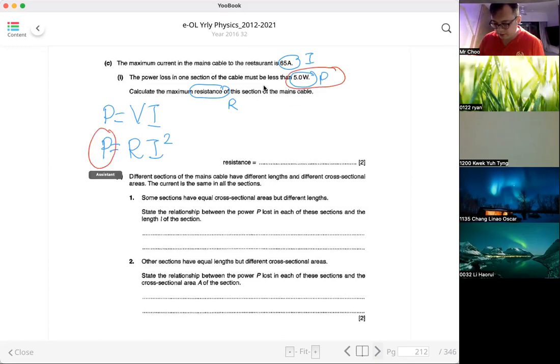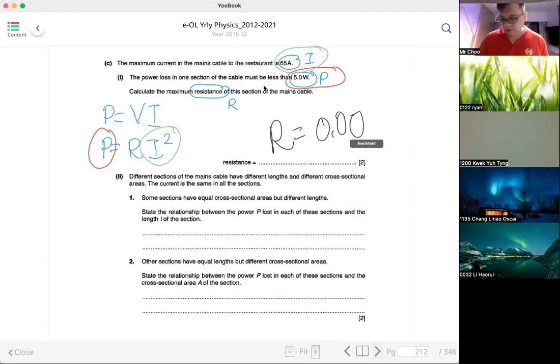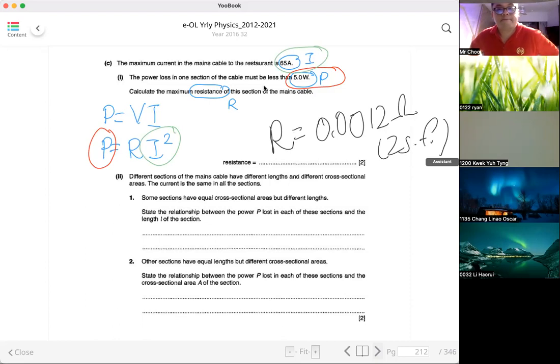You know your P, you know your I. Can you find the resistance? From here, your resistance will be 0.0012 ohm to 2 significant figures. Clear?